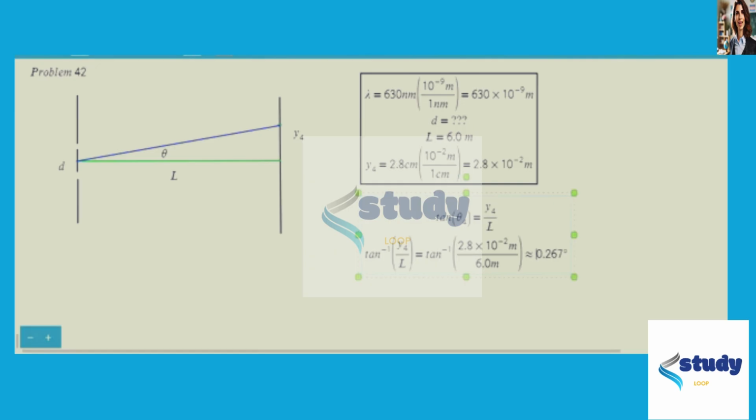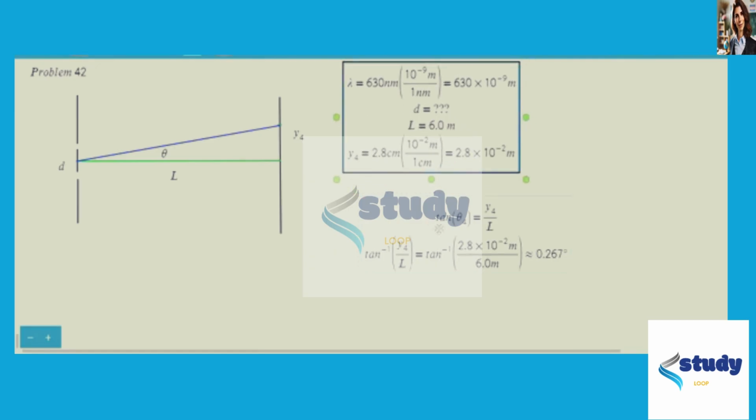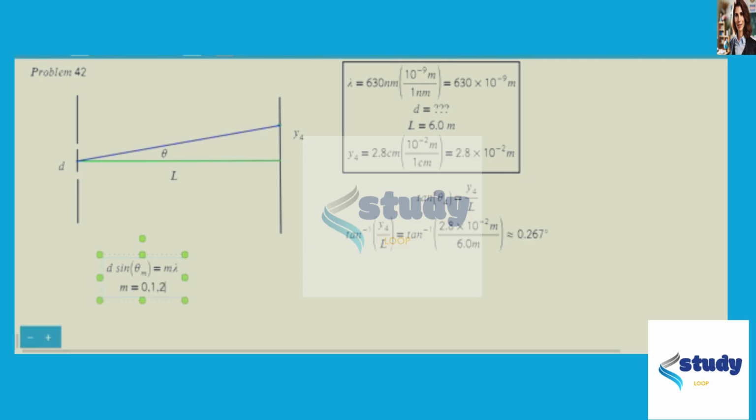Okay, since small angle approximations are valid, let's go ahead and recall the formulas for Young's double slit experiment. We have d sine of theta equal to m lambda, where m is equal to 0, 1, 2, 3, 4, etc. We could solve this expression for sine of theta.